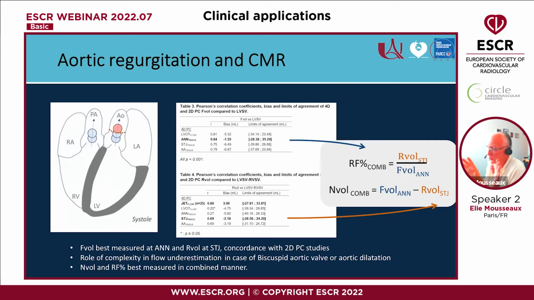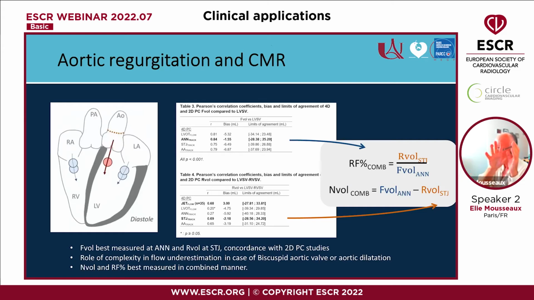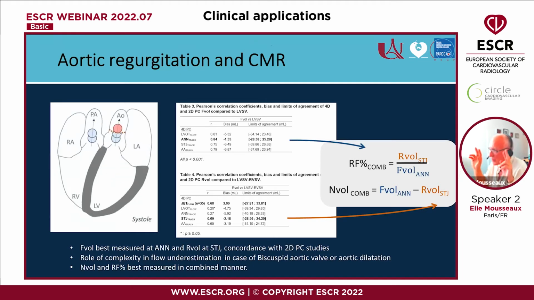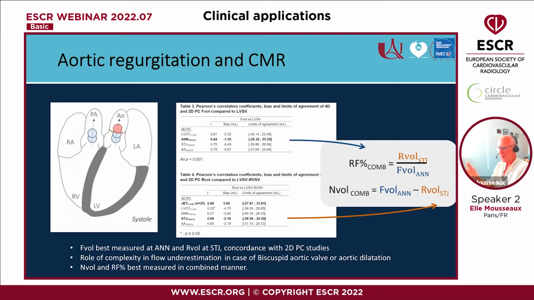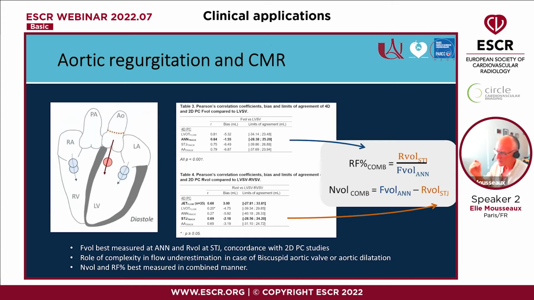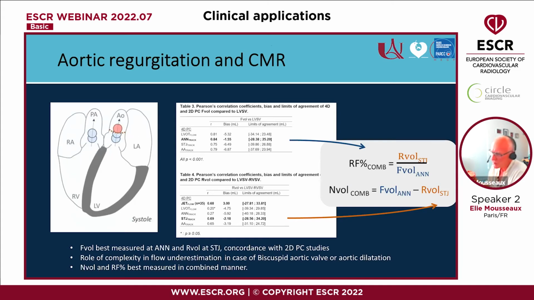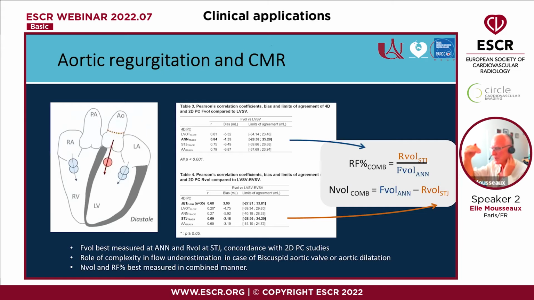But for the retrograde flow, it's much better to use another level, so you can estimate it and also have a comparison. If I compare the stroke volume between the RV and the left ventricle, the difference is normally, in theory, exactly equal to the regurgitation volume, due to the conservation of mass. So we have done the comparison at different levels, and we have observed that for the estimation of the regurgitation volume, it's much better to be at the track.